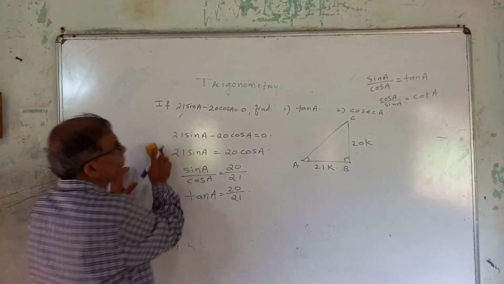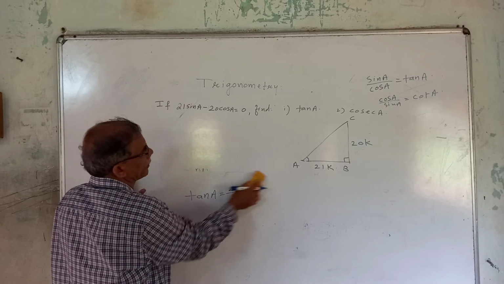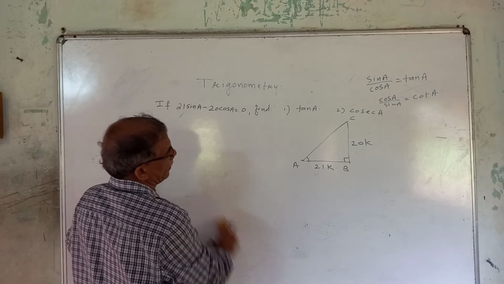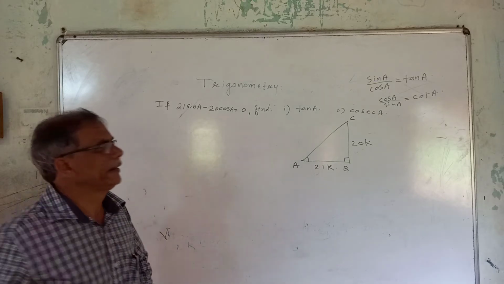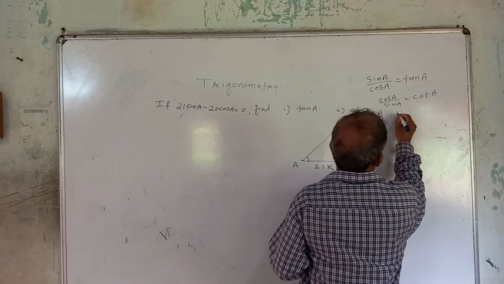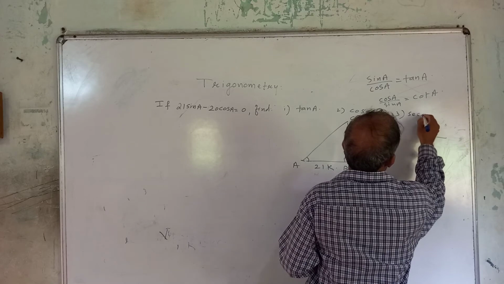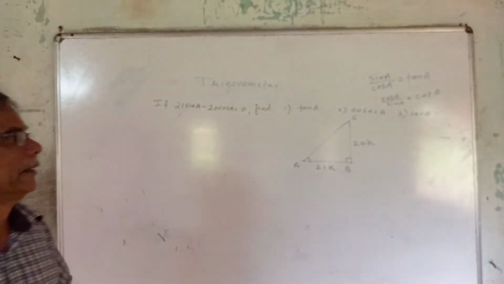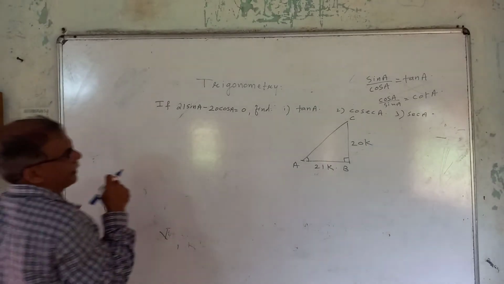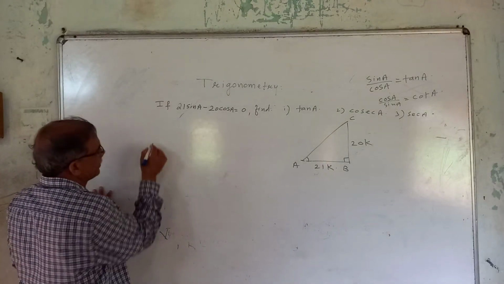Okay. Now to write the other ratios, that is cos A, we have to find this hypotenuse. If you want to write, then say K, whatever it may be. Now how to find that AC, you know. It is the hypotenuse.